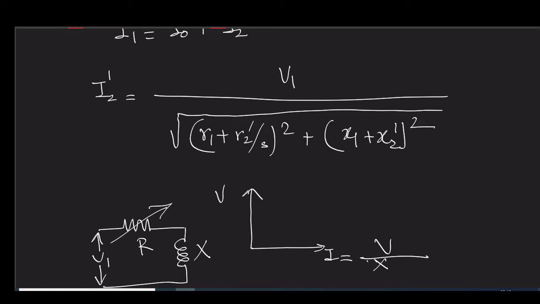Means magnitude wise, this is V by X, and lagging this one by an angle of 90 degrees.